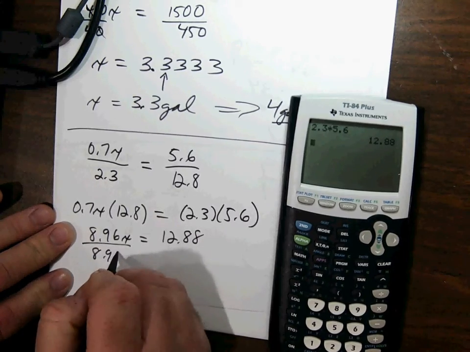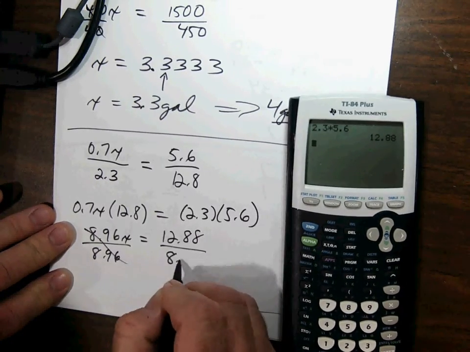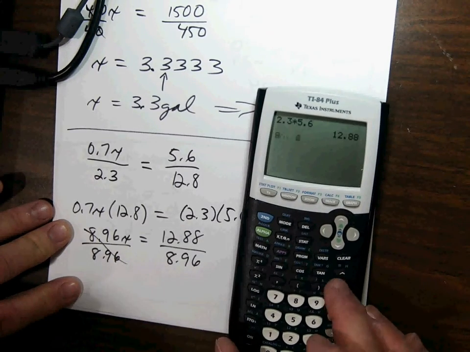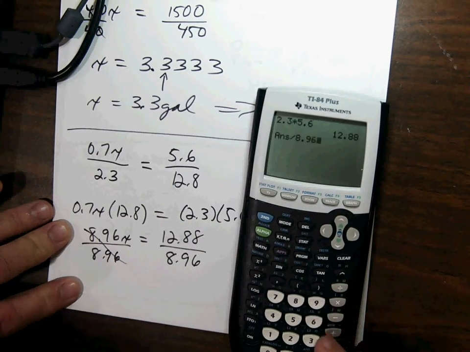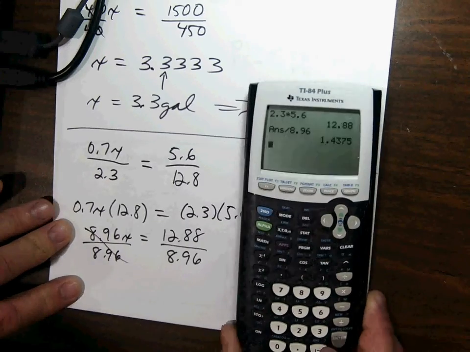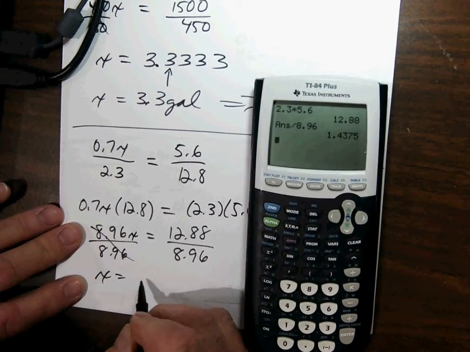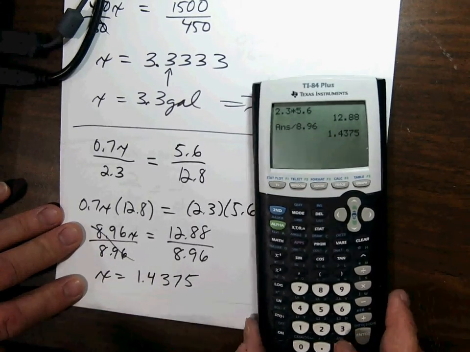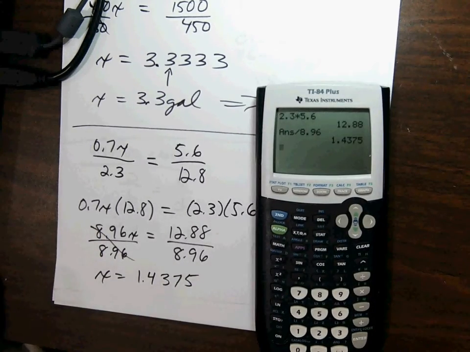Divide by the coefficient in front of x, so I'm going to take that 12.88 and divide by 8.96. There were no rounding instructions here, 1.4375. No rounding instructions. Let's see, round to 4 significant digits as necessary.